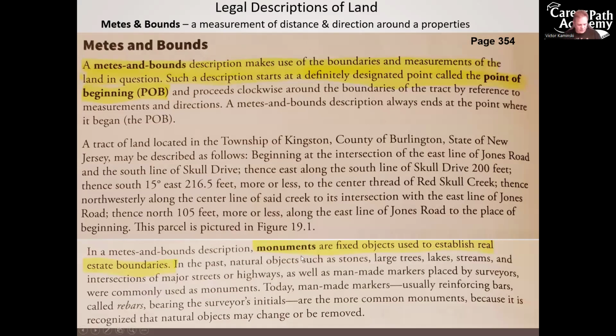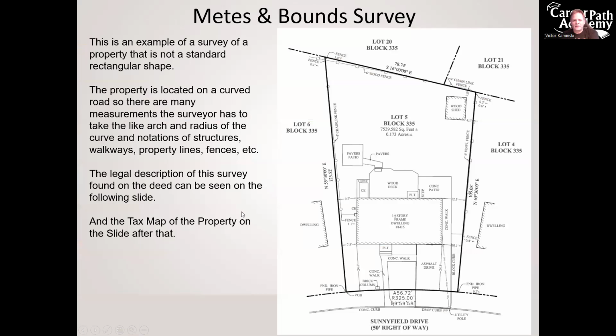And then underneath that image, lower on the page, monuments: fixed objects used to establish real estate boundaries. Okay, got it.